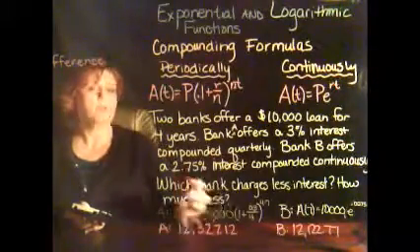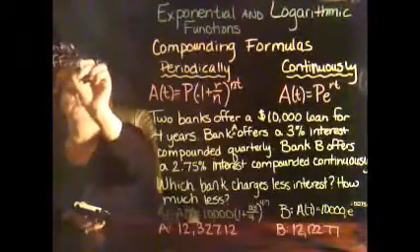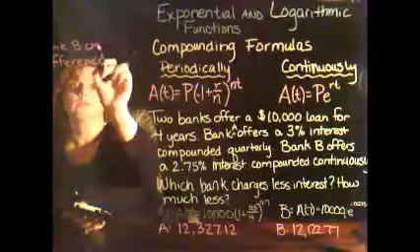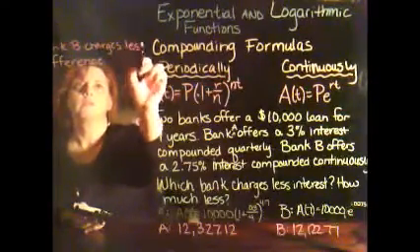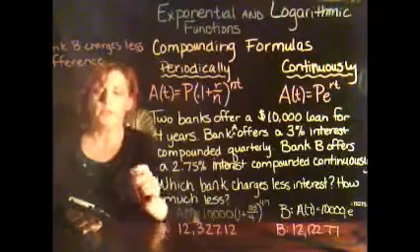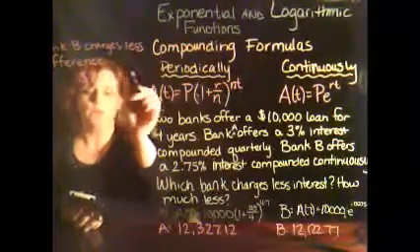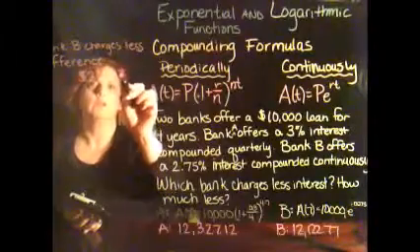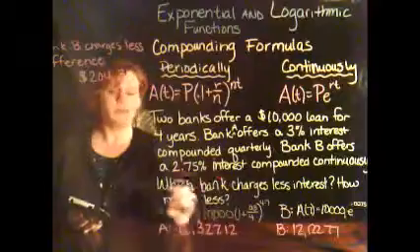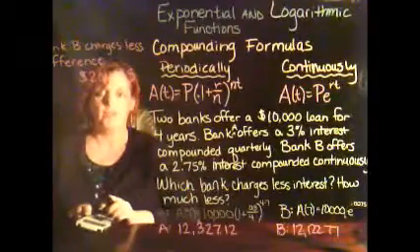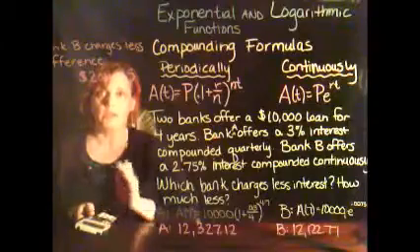The one that charges less is Bank B. And the difference is going to be $2,004.35. Yes, 35 cents. All right, hopefully that gives you enough information so that you can do your assignment and get that turned in tomorrow.